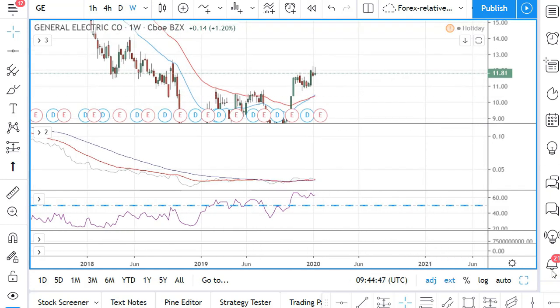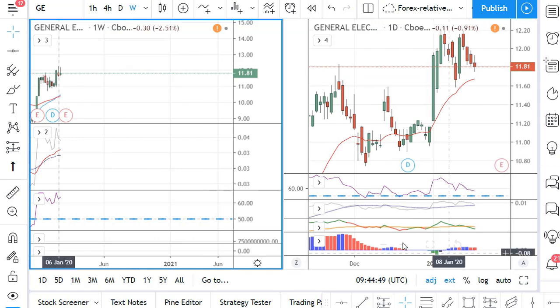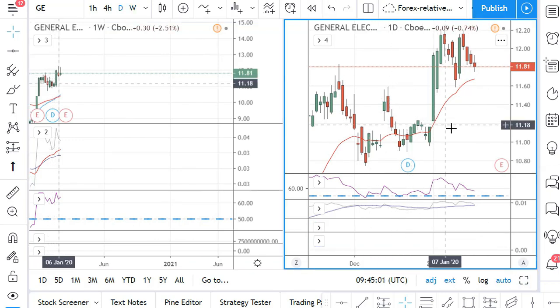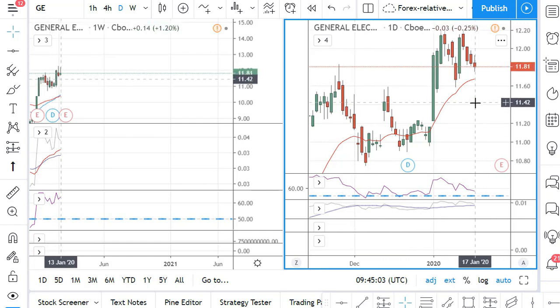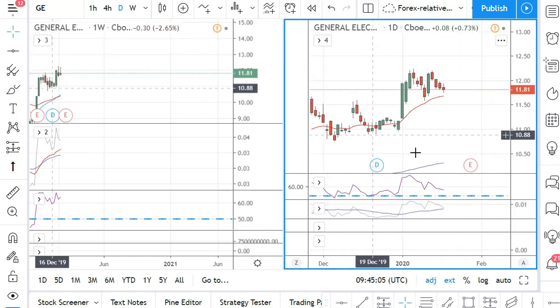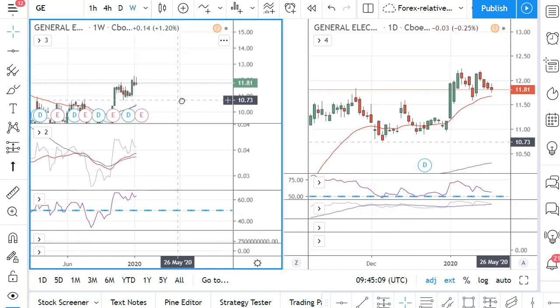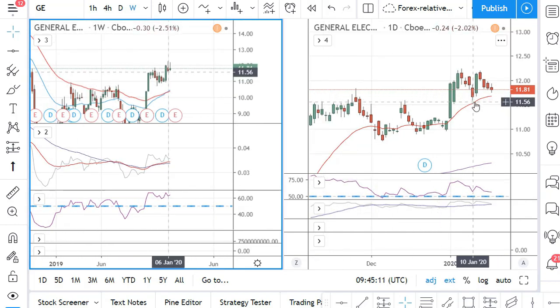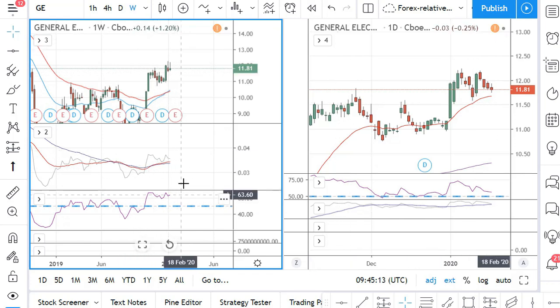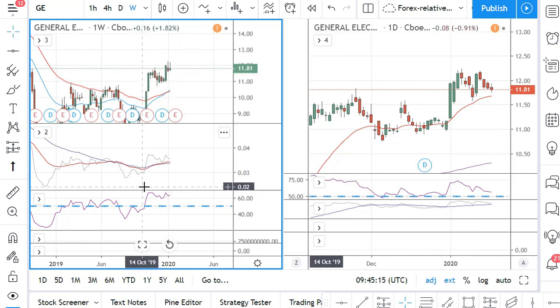It could be that we went to the daily chart here, and you could put some sort of technical analysis in here, or you could look at moving averages, or you could do whatever you want to, but I would never consider owning a stock that was not in the green zone here on the weekly chart.